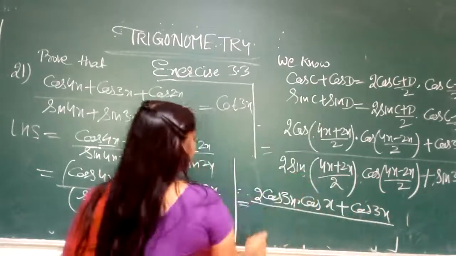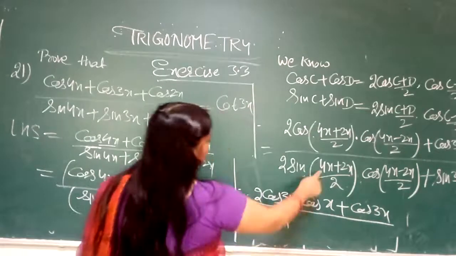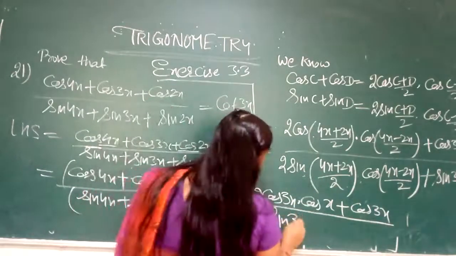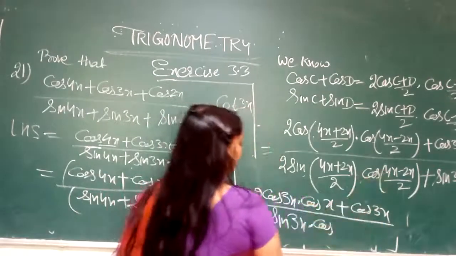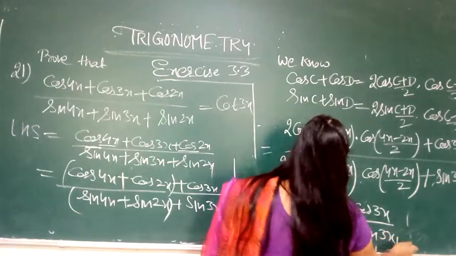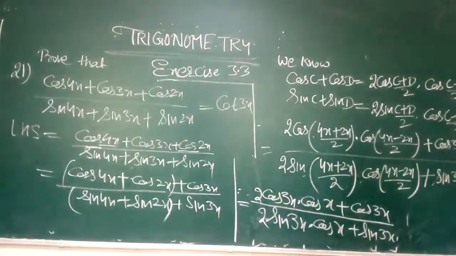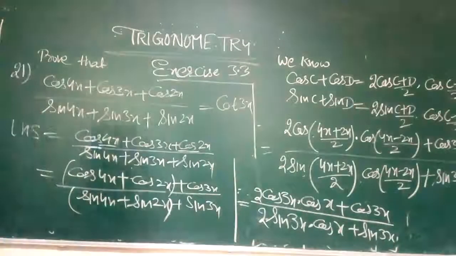And in the denominator, 2 sin 6x upon 2, that is 3x, into cos 2x upon 2, that is x, plus sin 3x. So after this step, what can we do here? We can take common from numerator and denominator.